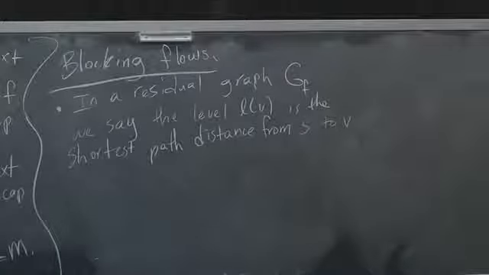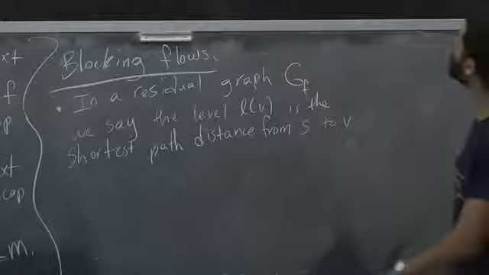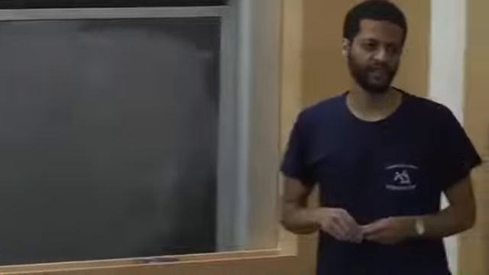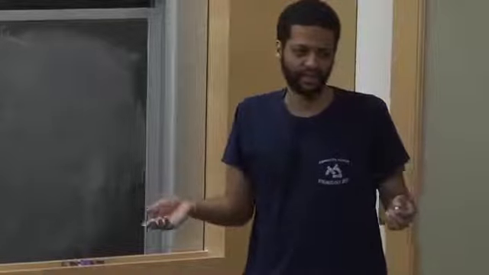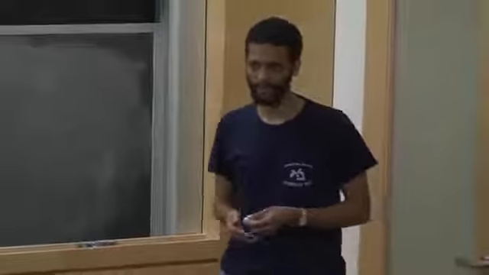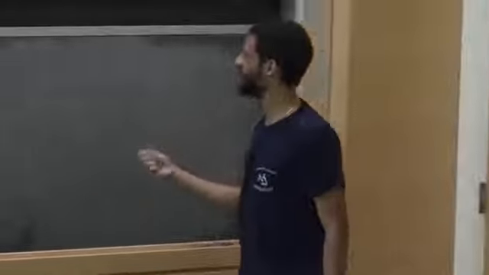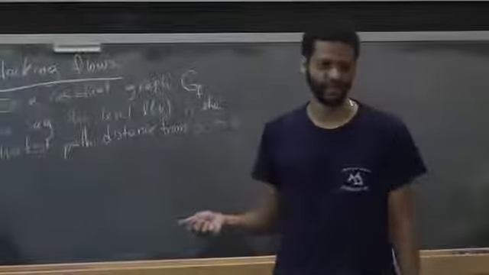Okay. By the way, before I get more into blocking flows, I just want to say that Ford-Fulkerson doesn't really specify how to find the augmenting path. For example, you could do depth first search. You could also do breadth first search. You could also do what's problem 1 on the current P set, which is augment along the path that has the largest minimum capacity.